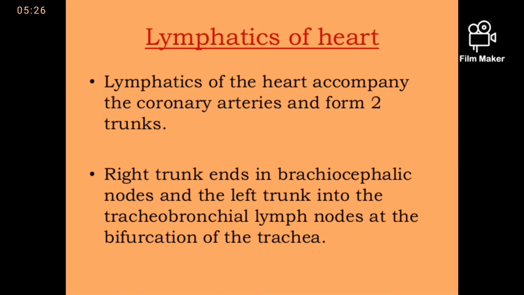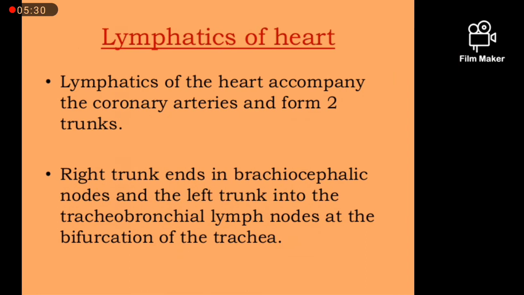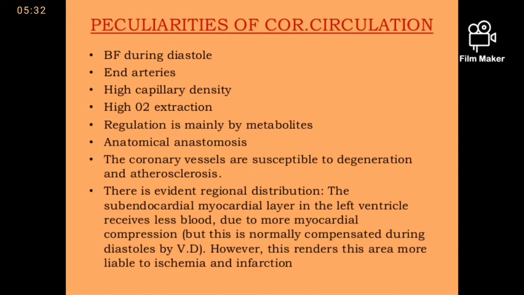The lymphatics of the heart accompany the arteries and form two trunks. The peculiarities of coronary circulation are: flow during diastole rather than systole, end arteries, high capillary density, high O2 extraction, regulation mainly by metabolites, anatomical anastomosis but no physiological anastomosis.